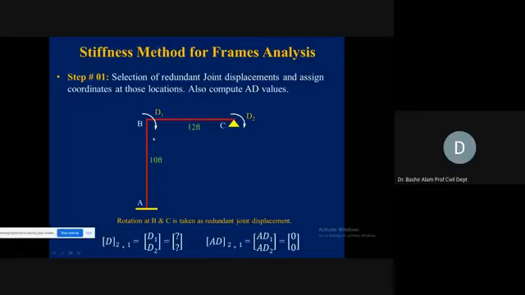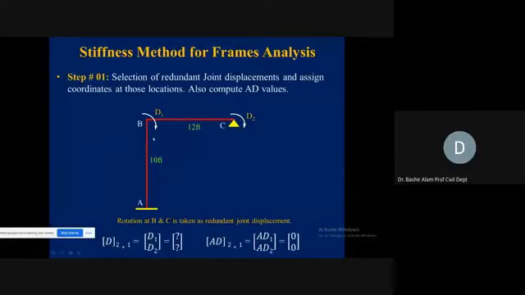To the rotation, the corresponding action is moment. So we are not going to include that 5 kip as AD1, because although it is at the B location, it is not corresponding to D1. D1 is rotation, and the rotation corresponding action is moment.